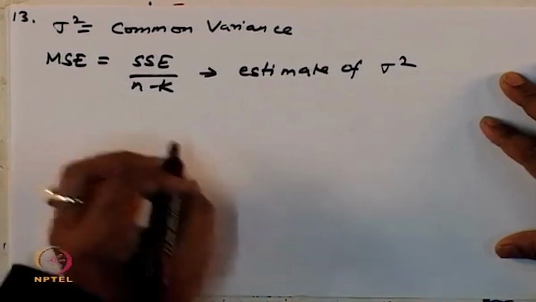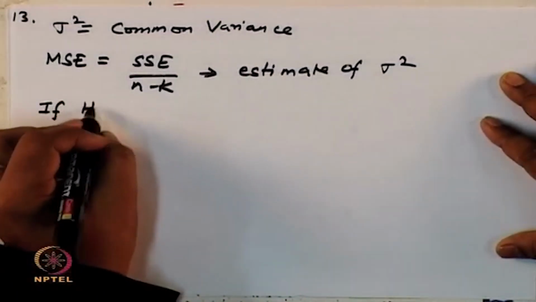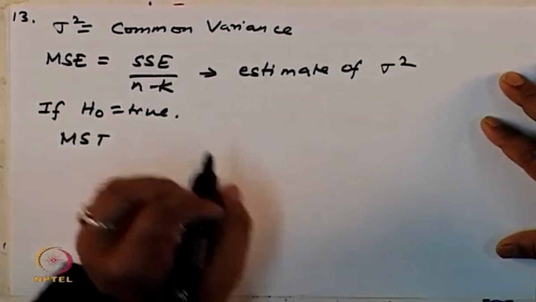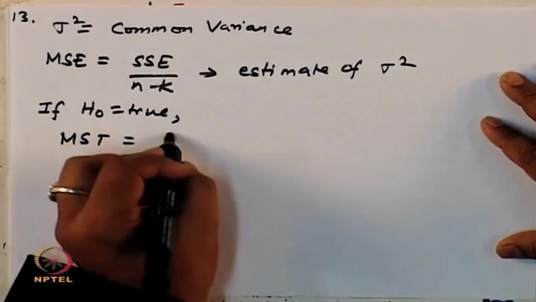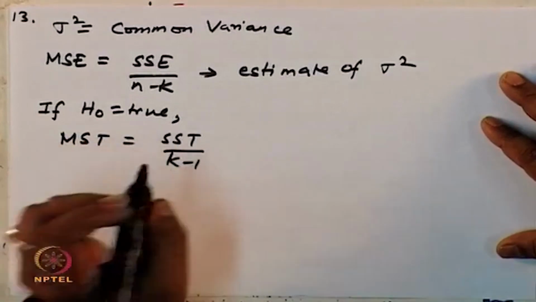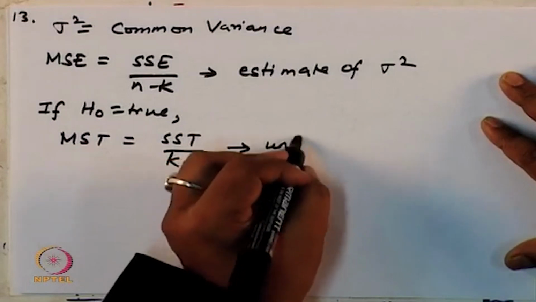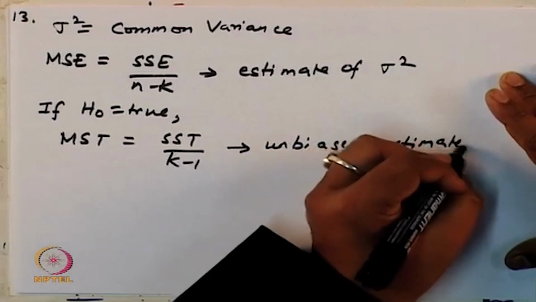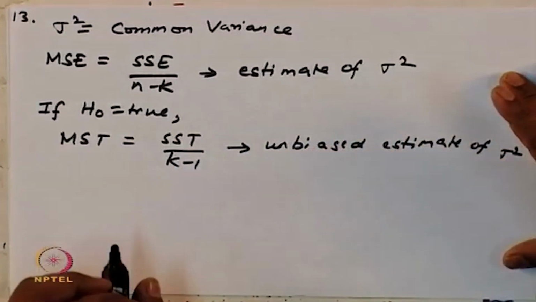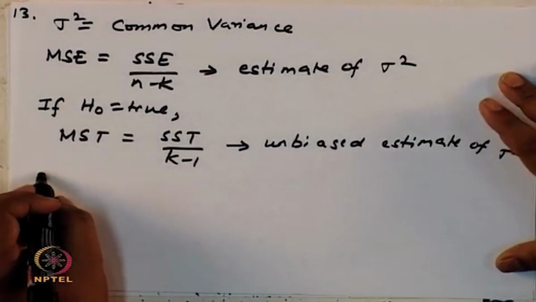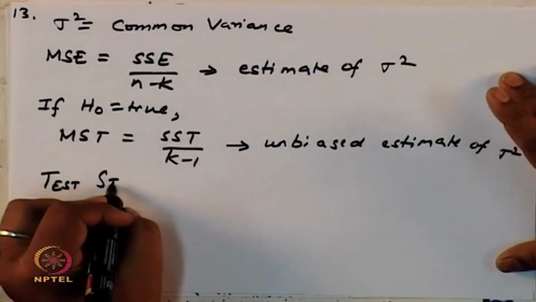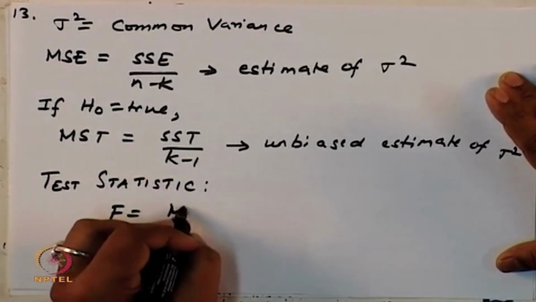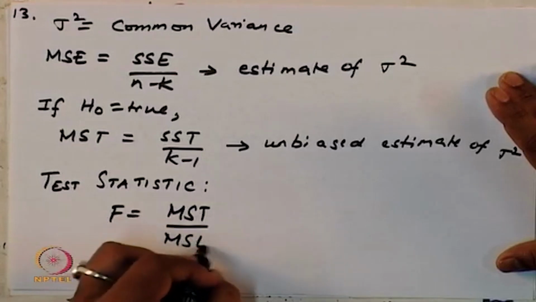And if your H naught was true, your MST, which is SST by k minus 1, should give you an unbiased estimate of sigma square. So, you can use the test statistic F equal to MST by MSE.